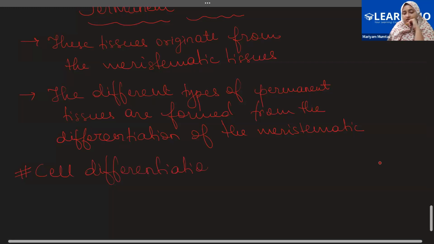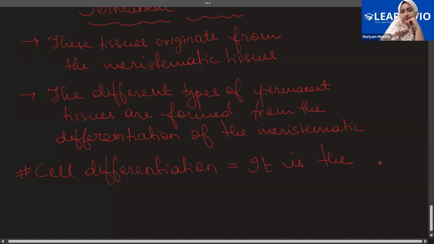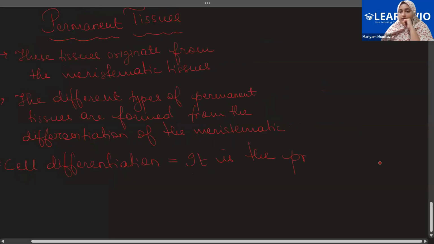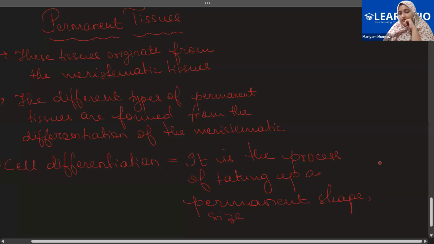Now, cell differentiation is the process of taking up a permanent shape, size, and function.